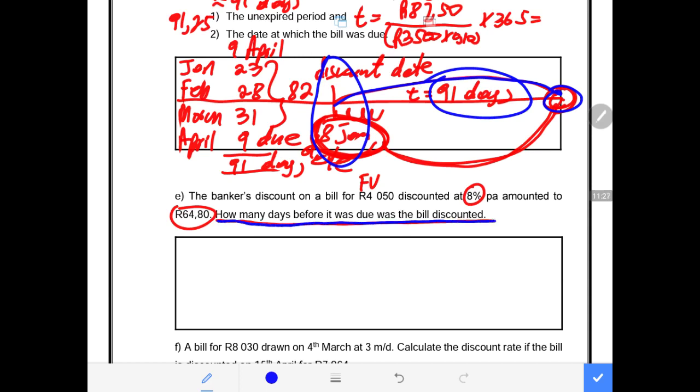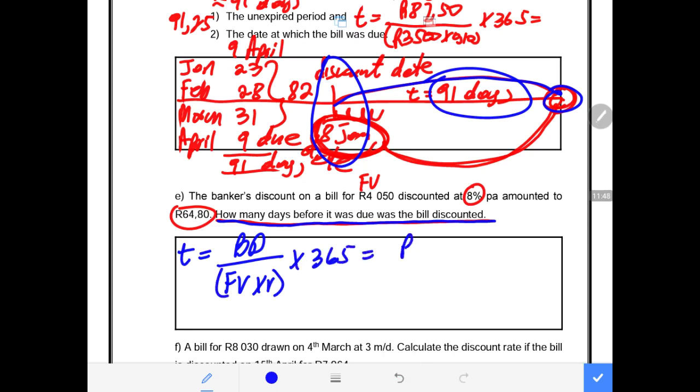So they ask how many days before it was due was the bill discounted. We are looking for T, which is our unexpired period, which we know is equal to banker's discount divided by face value times the rate, times 365 days in a year.